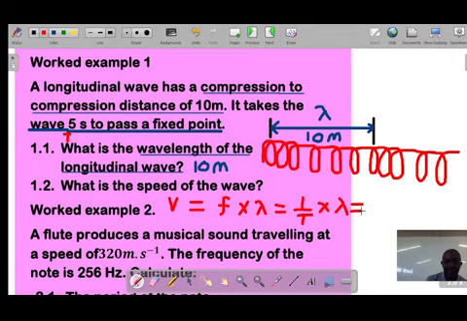Anybody who remembers? So we're going to have 1 over T. My T, we have seen, is 5 seconds. So 1 over 5, multiplied by lambda, which was 10. So times 10.